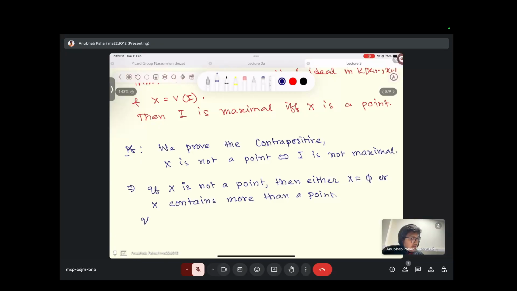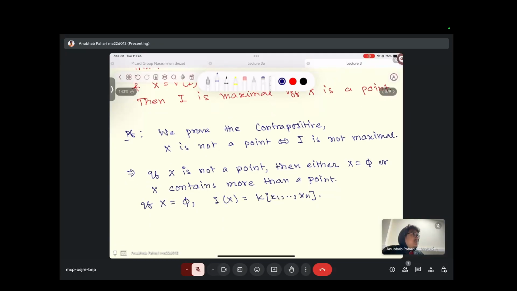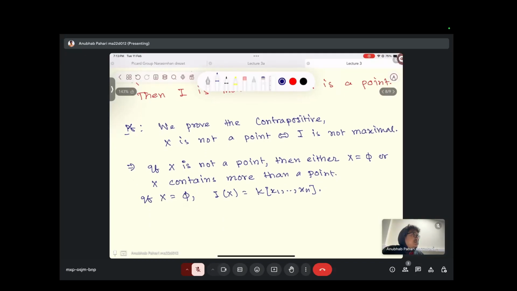Now if X is empty, then I(X) equals to k[x1, up to xn]. But then, sorry, my mic was turned off.